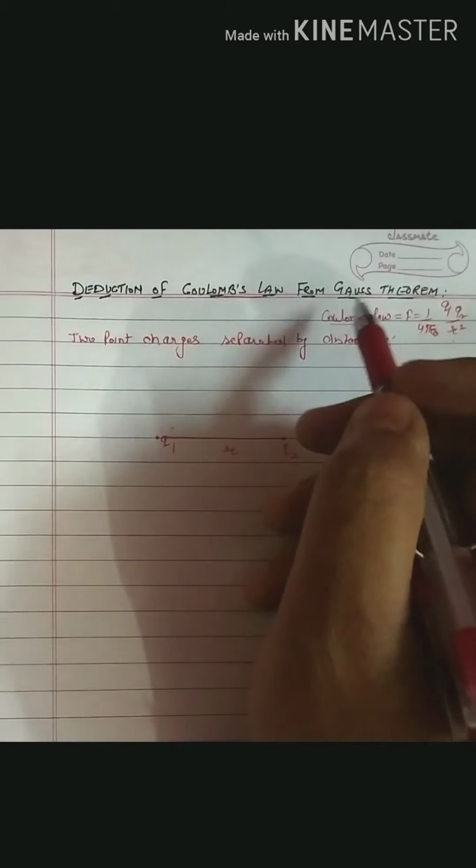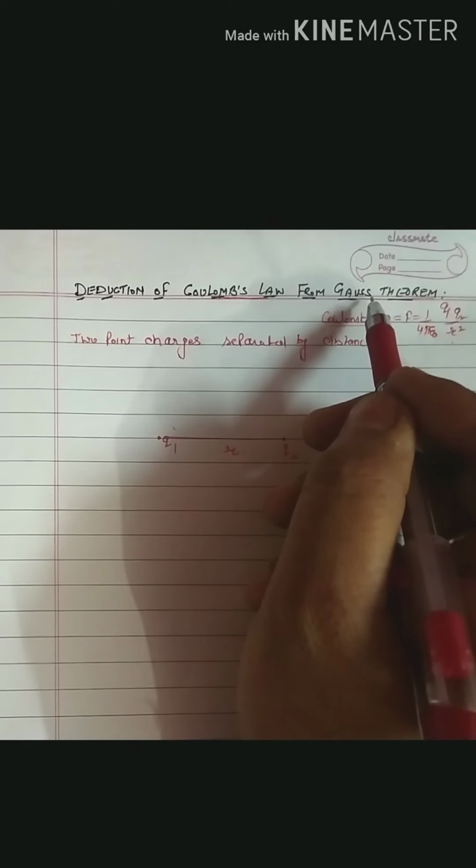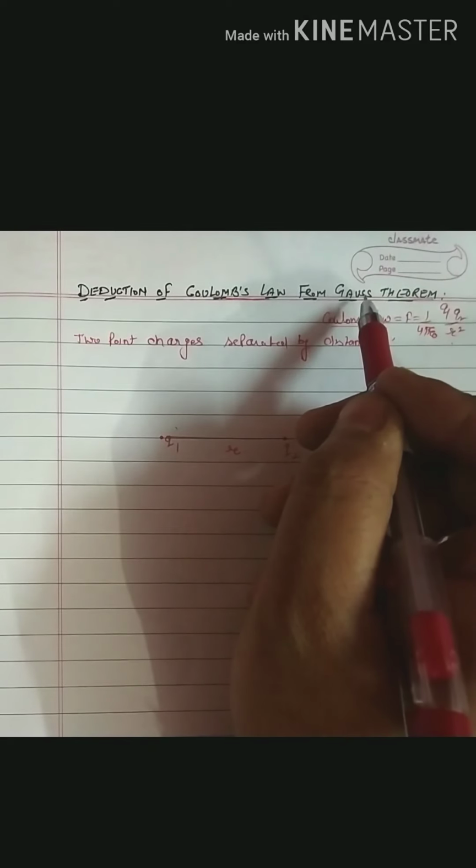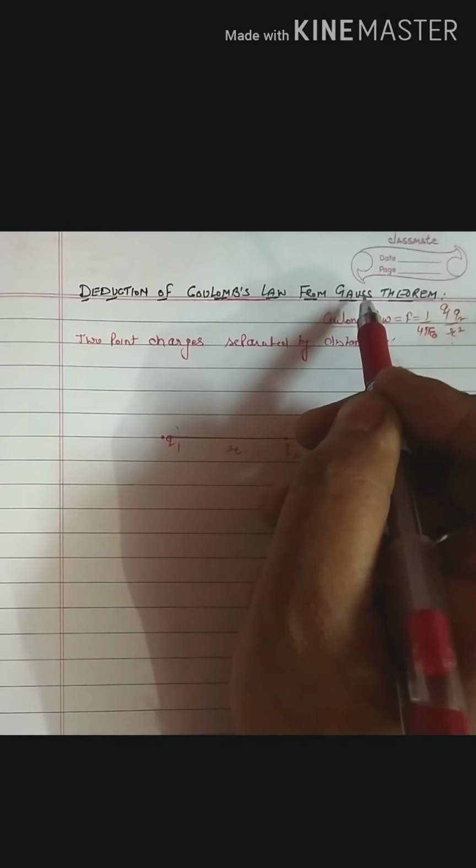For this we have to use Gauss theorem. So you know that in the Gauss theorem we have studied about the Gaussian surface. So we will draw the Gaussian surface first.